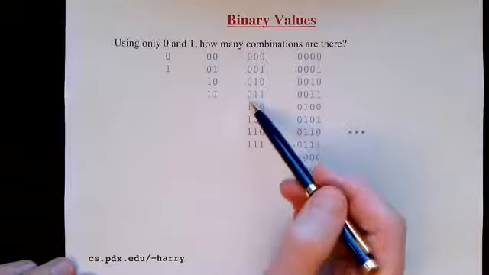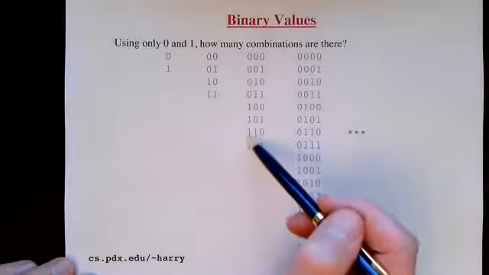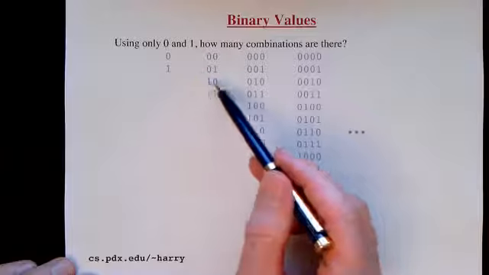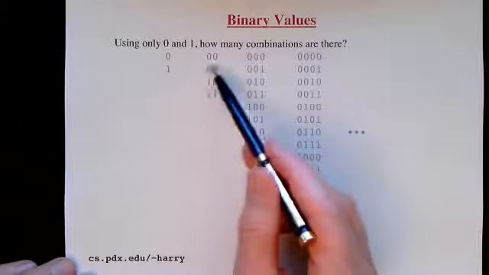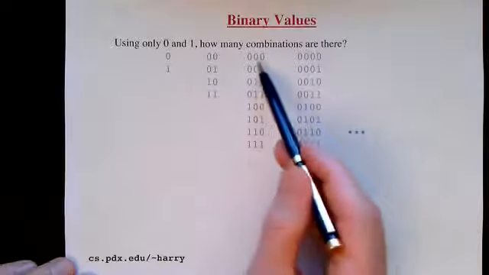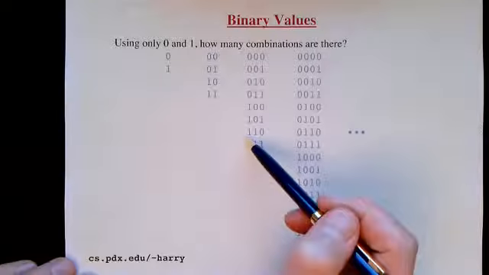And here I've listed them again 000, 001, 010, 011, all with a 1 in front. So notice how the number of values doubled. Here we had 4 possible values, and now we have 8. By adding an extra bit, we double the number of possibilities.